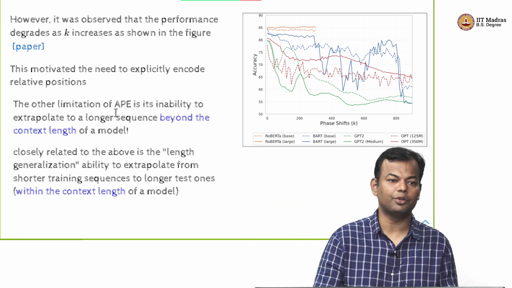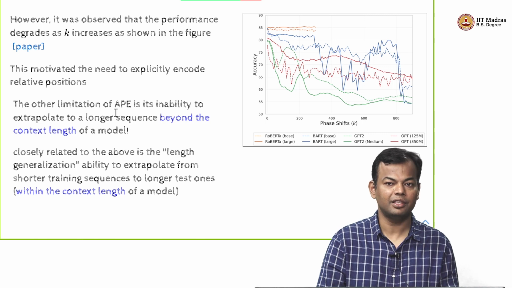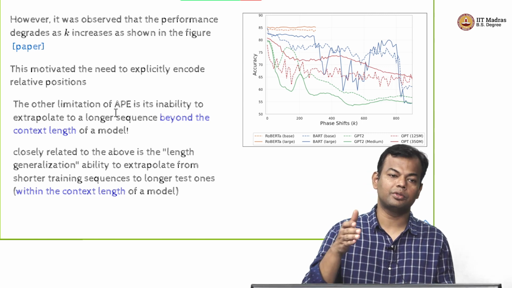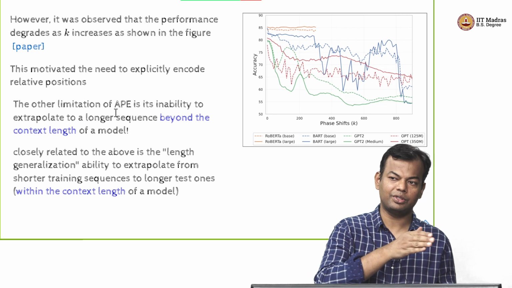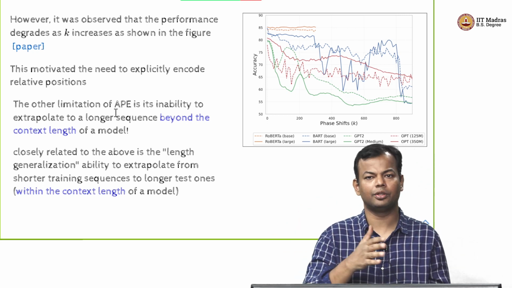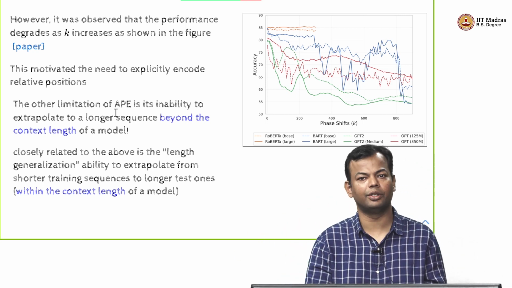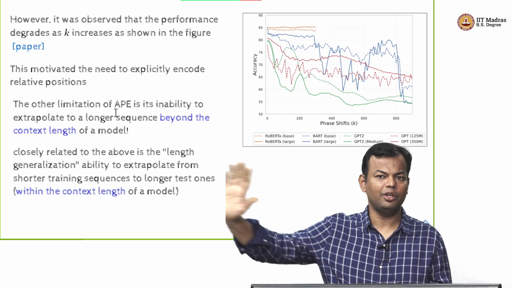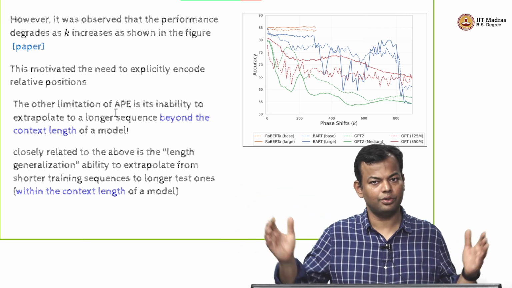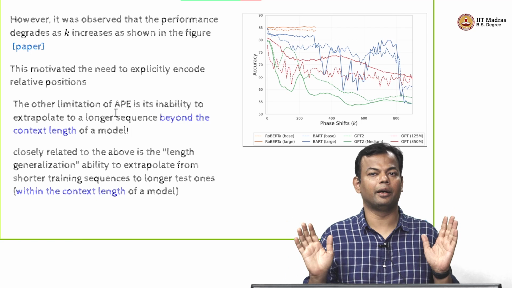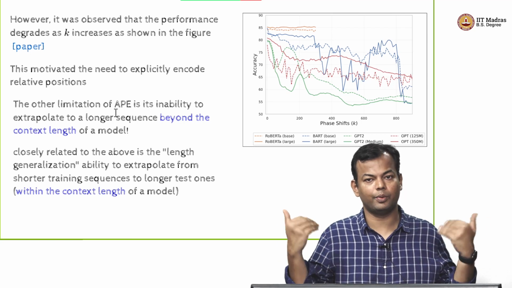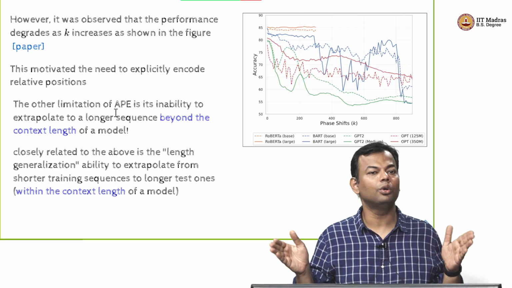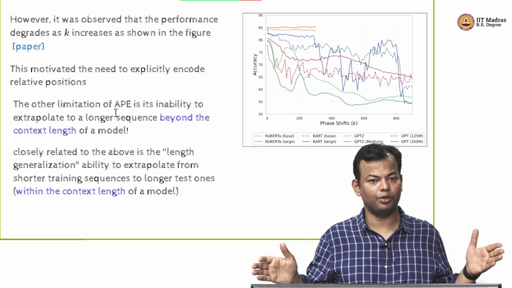This is also related to the problem of length generalization, where suppose you had seen all sequences of length 256, 300 and so on in your training, while your context length was still 512. At least in absolute position embeddings, you were not learning the embeddings, so you still know how to compute the positional embeddings for 512 tokens.